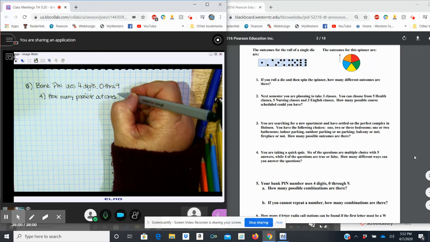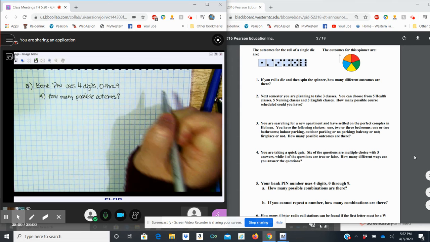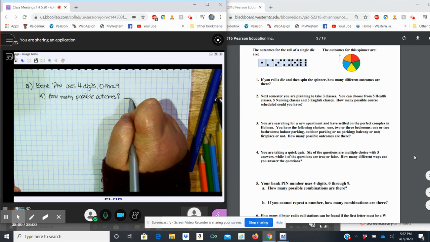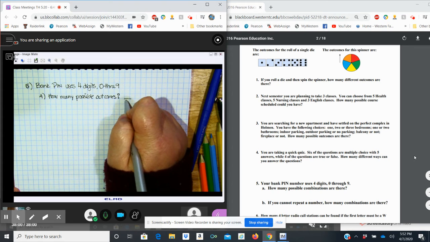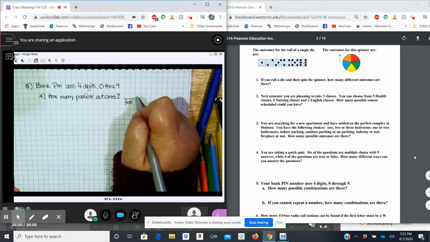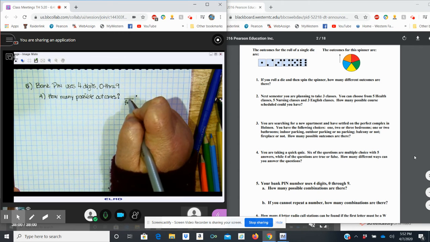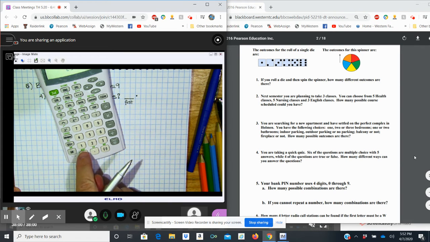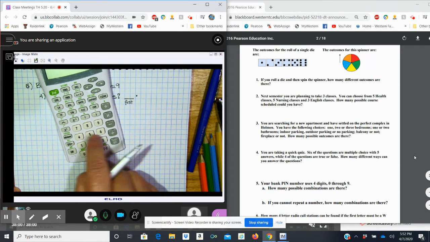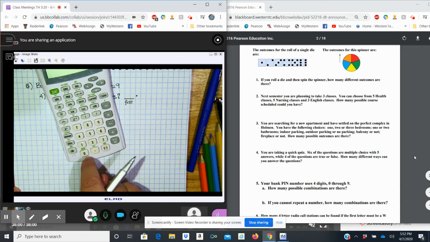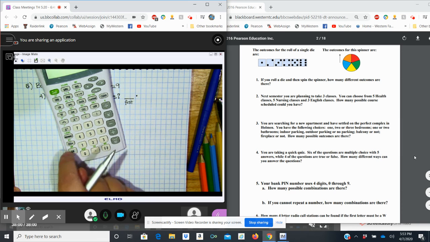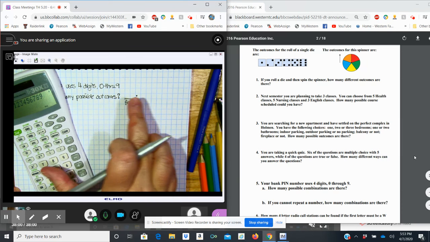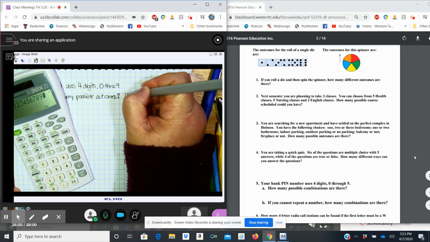So this one is much like the question we just did. For the first number, how many possibilities do you have? Watch: 0, 1, 2, 3, 4, 5, 6, 7, 8, 9. So 1, 2, 3, 4, 5, 6, 7, 8, 9, 10. If we're looking at the digits 0 through 9, there are actually 10 possibilities there.